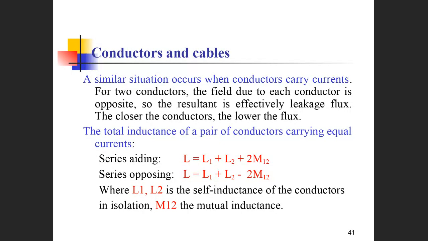If they are coupled together in series, additive or subtractive: if coil 1 has self-inductance L1, coil 2 has self-inductance L2, and there is a mutual inductance between coil 1 and coil 2, M12 and M21, which are the same, then when they are connected in series, the total inductance will be like this.